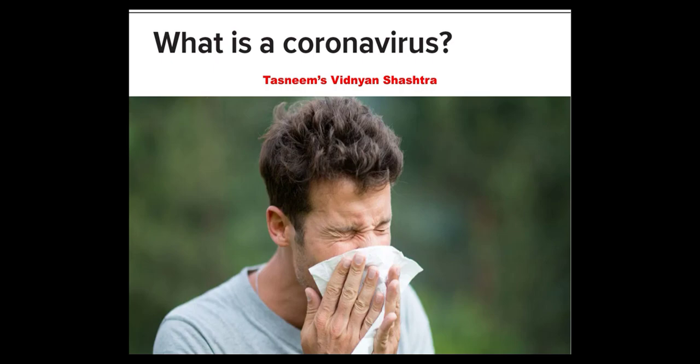What is this coronavirus? Infected people will experience a mild to moderate respiratory illness. It spreads primarily through droplets of saliva discharged from the nose and mouth when an infected person sneezes.